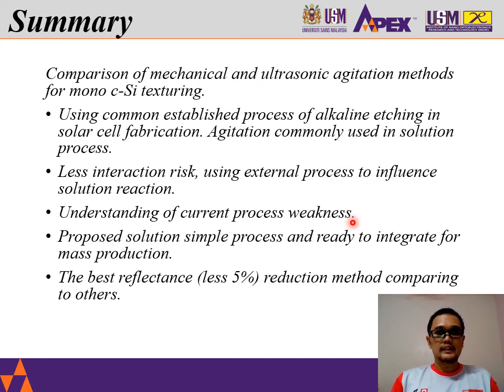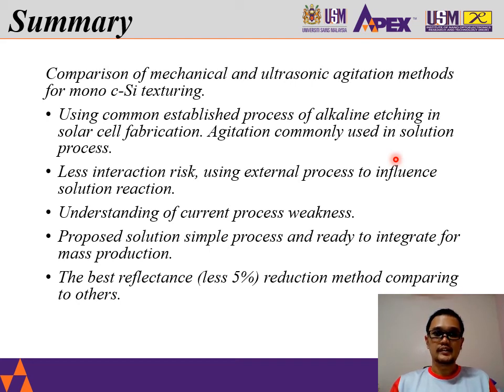As a summary, I choose the first journal, which is comparisons of chemical and ultrasonic agitation method for monocrystalline silicon texturing. It is because alkaline etching is commonly used to fabricate solar cells, and agitation is also not a new process in fabrications or in mass productions.